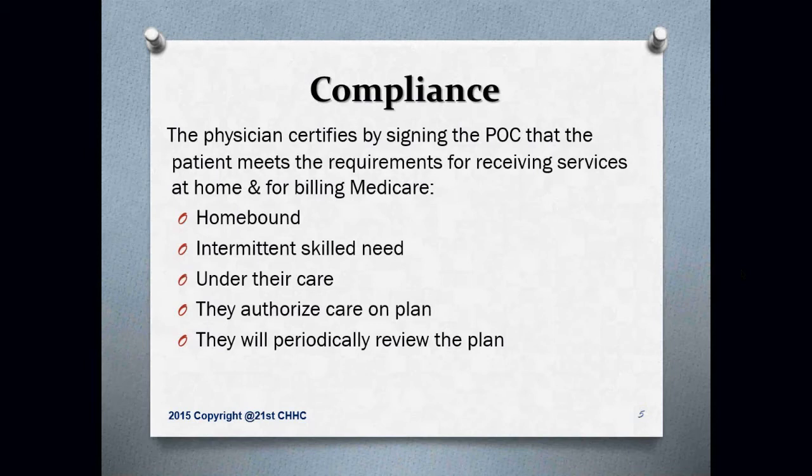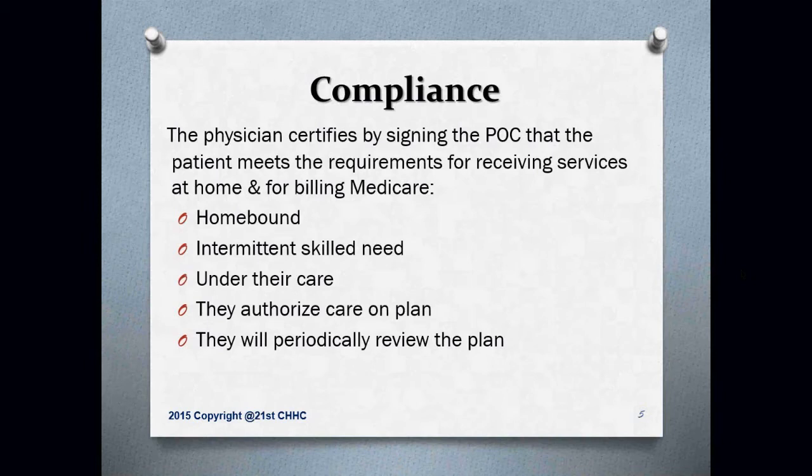Also, the plan of care recognizes that the patient's homebound and meets those requirements, and a lot of our private insurances also require patients to be homebound to qualify for their home care benefits under their insurance or whatever plan they may have.